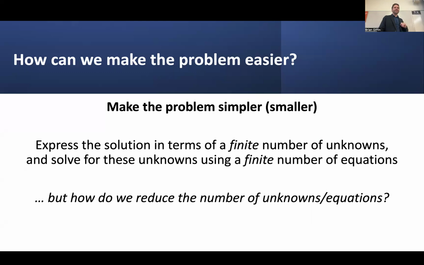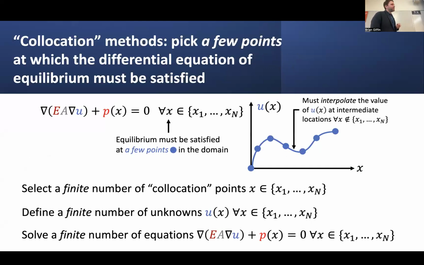And there's a couple different ways that you could do this. Probably the simplest way that you might think to do this is to just say, well, okay, let's try this. Let's just pick a discrete number of locations along the length of the structure, kind of like we would do in a finite element method, where we say, let's just choose a discrete number of these points or nodes along the structure, at which we'll choose to define these discrete values of the displacement field at those specific locations.